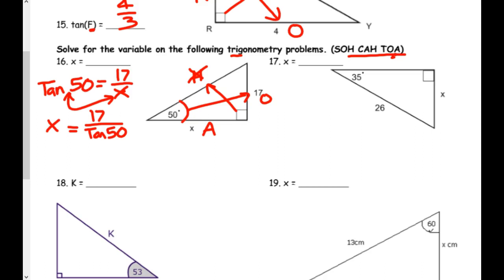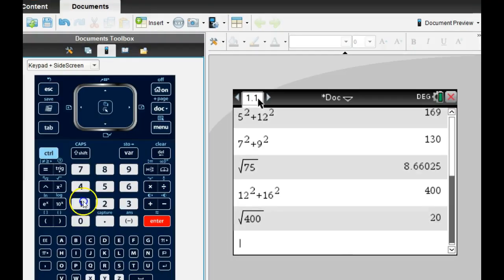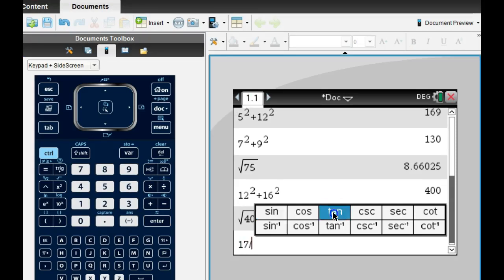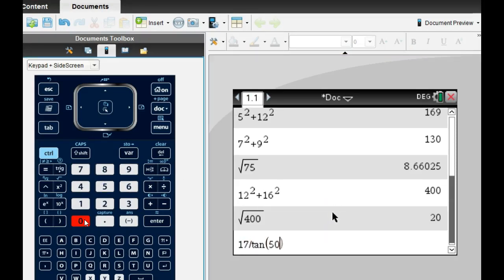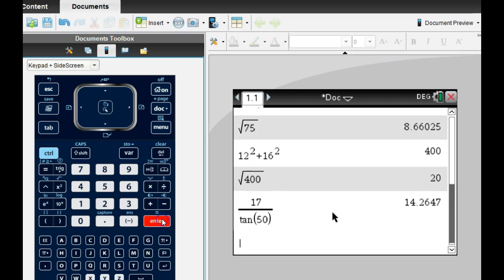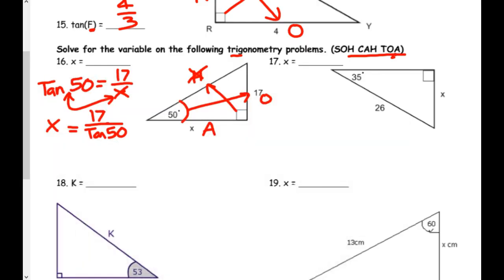All right. So let's type that in the calculator. We're going to type 17 divided by tan 50. We're in degrees mode, so we're good. And we get 14.26.